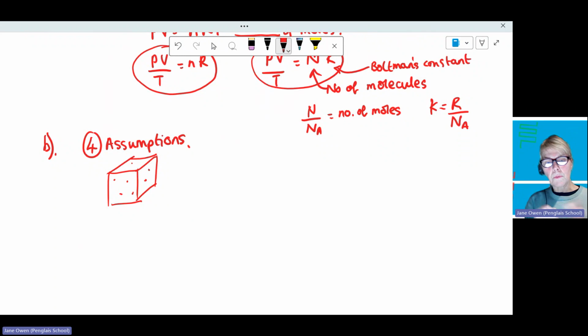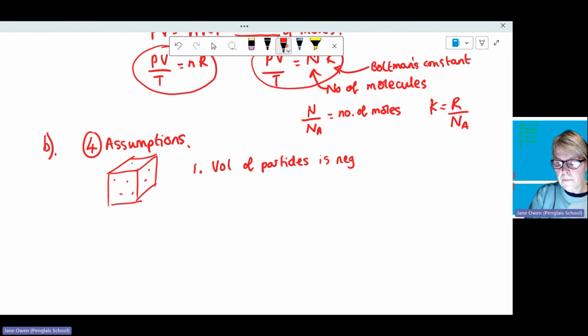There's a random distribution of energy that those particles have. It consists of a large number of particles within that container, and they have random motion. So one of the assumptions straight off is that the volume of the particles that make up the gas is negligible compared to the volume of the container.